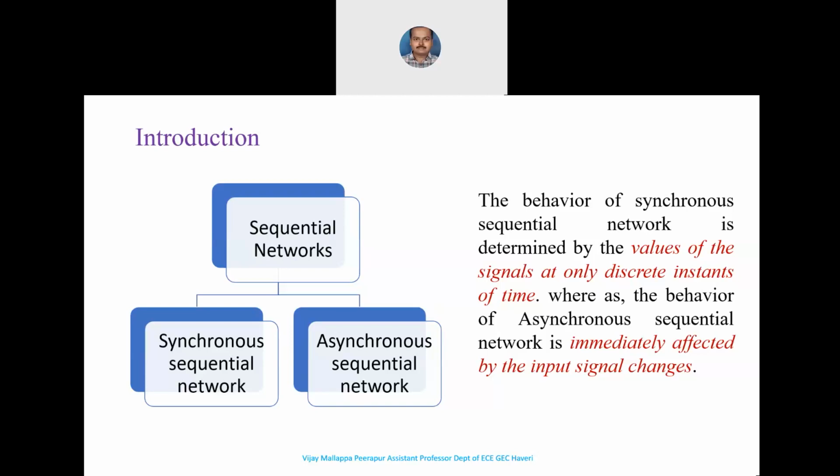But when it comes to an asynchronous sequential network, the output states are immediately affected by changes in the input signals. In a synchronous sequential circuit, the output changes take place only at discrete instants of time.